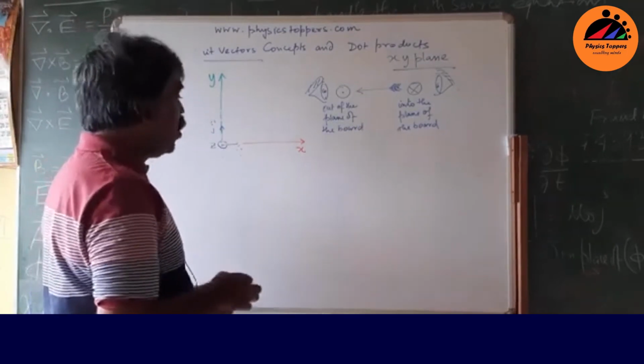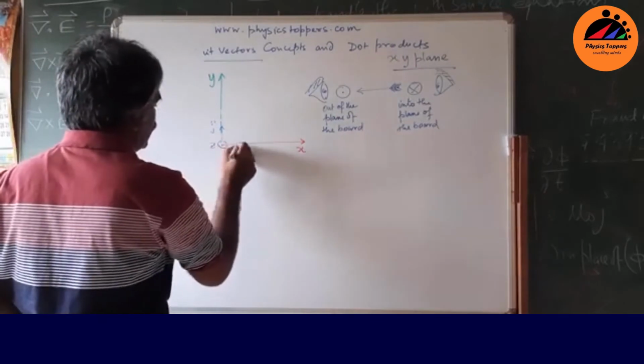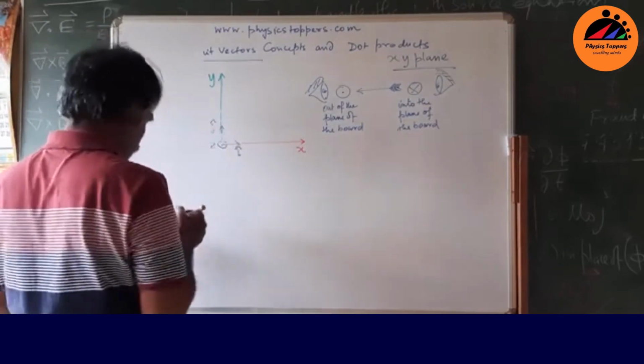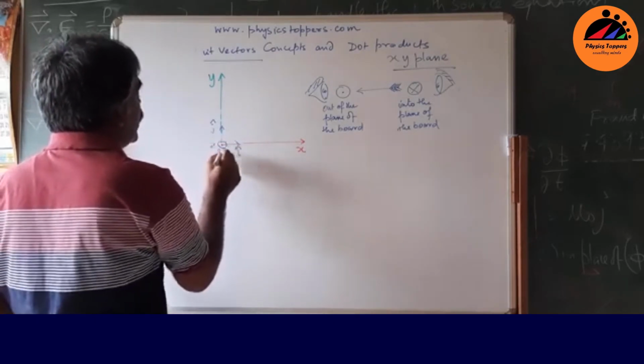So along x, the unit vector is I cap. One thing I must mention: the unit vector along z is k cap.